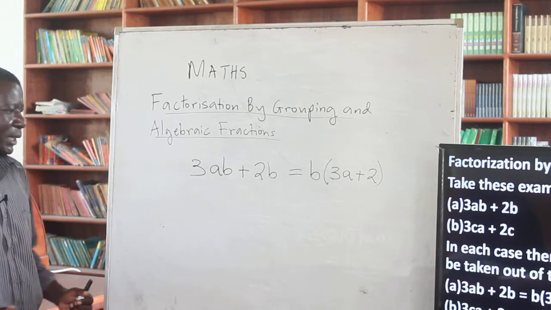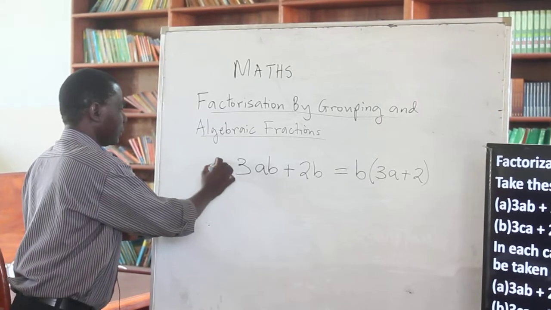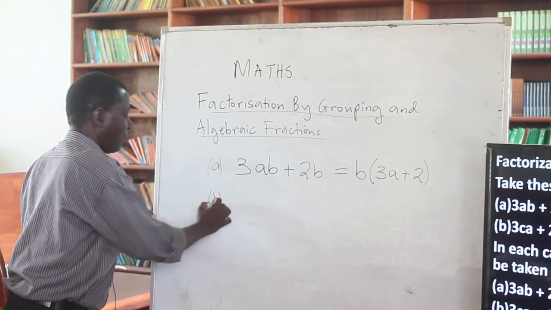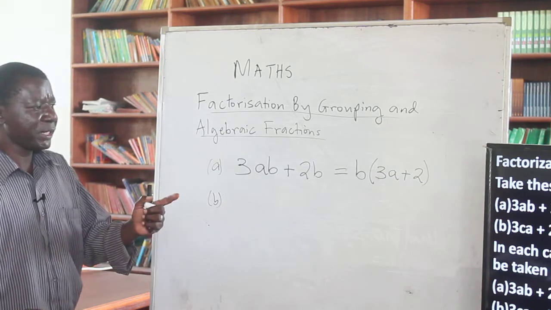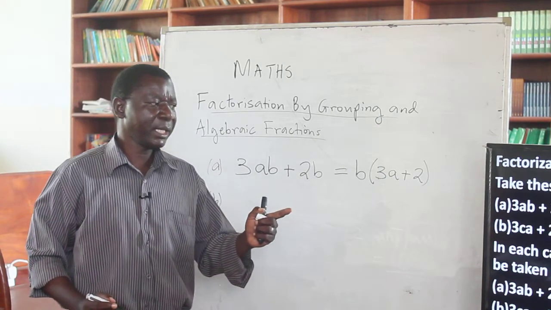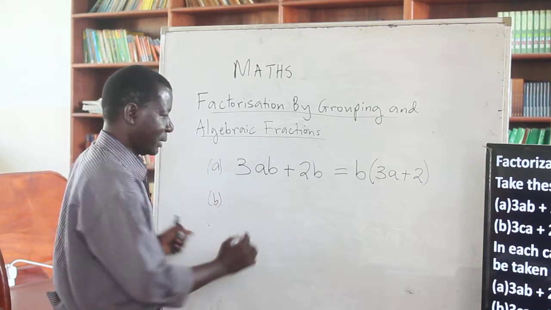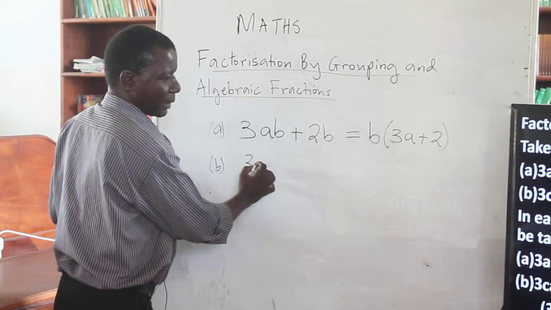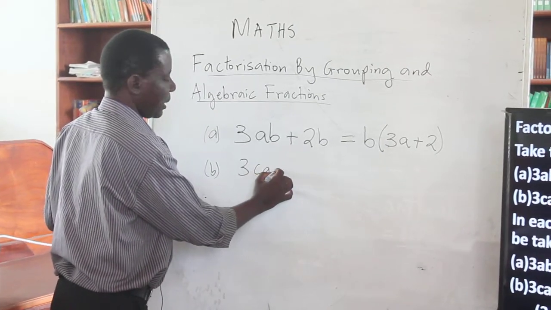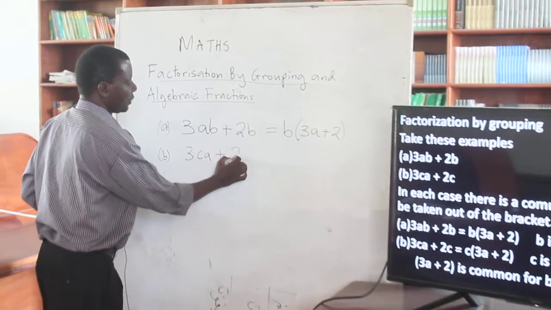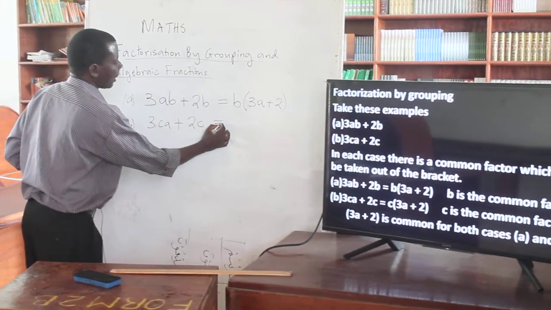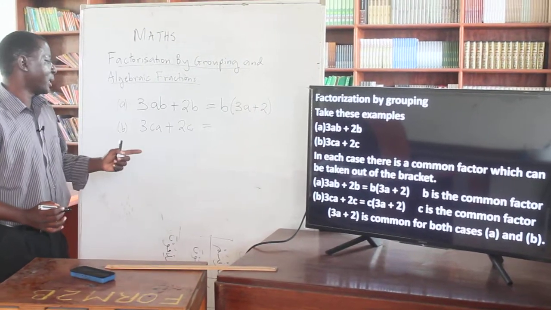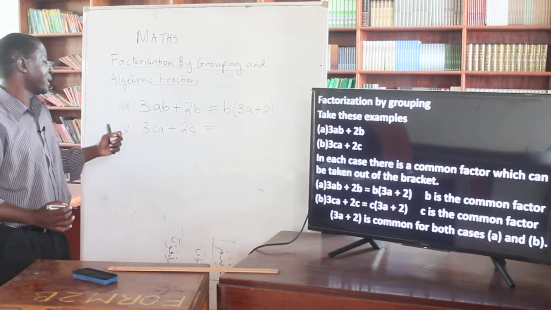Now looking at the other one, we have 3ca plus 2c. And this one can also give us a common term, and the common term in this case is c.